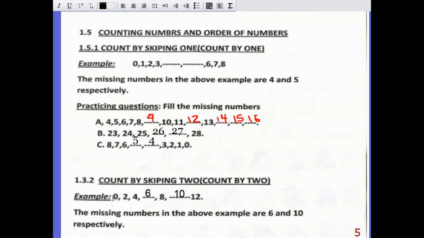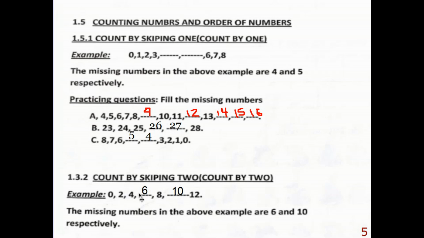Because the number is increasing. The number is increasing by 2. 0, 2, 4, 6, 8, 10, 12. This we call skip counting by 2, or count by 2. Is it clear, students? Good.